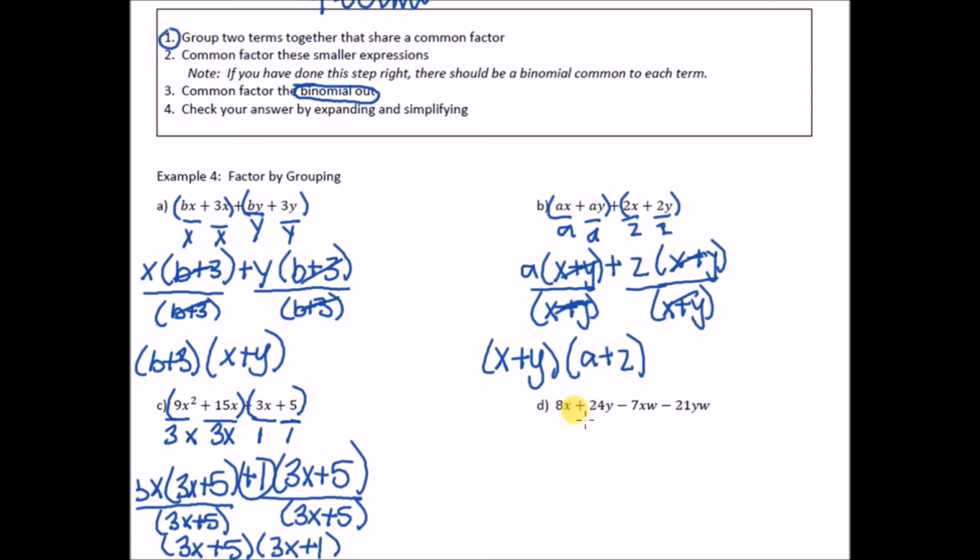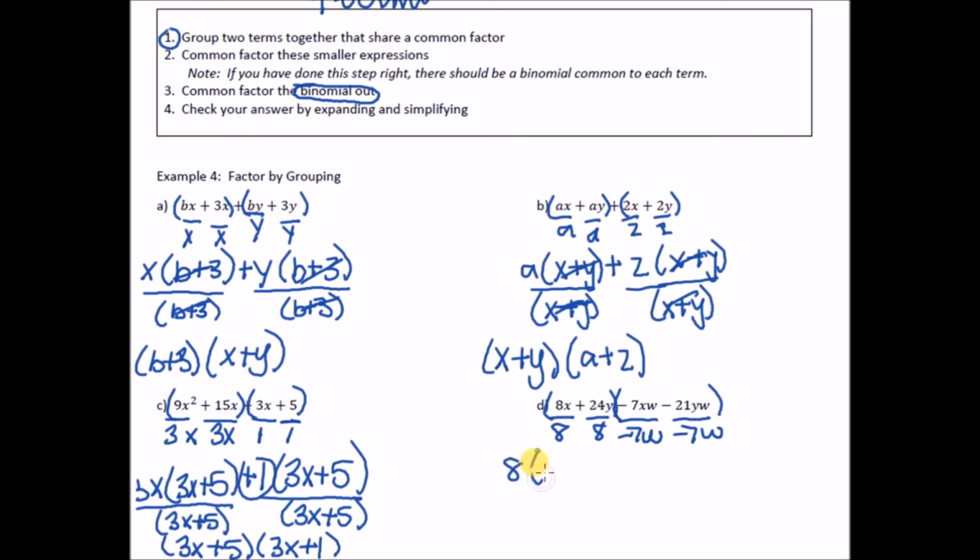Okay, last one. 8 and 24 both have 8. We can divide by 8. Negative 7xw, and it's important to actually include this negative. So negative 7xw and negative 21yw, both of these we can pull out a negative 7 and a w.